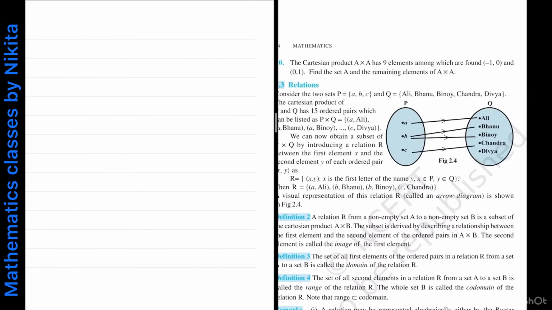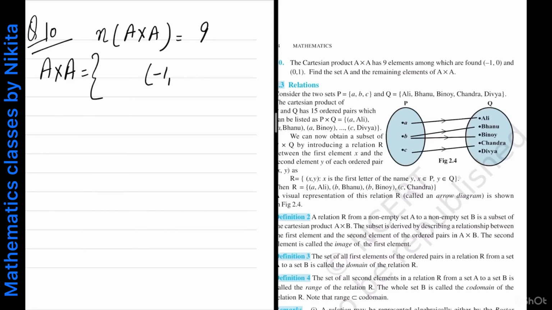Now the last question says the Cartesian product A cross A has 9 elements among which are found to be (-1, 0) and (0, 1). You have to find the set A and the remaining elements of A cross A. So n of A cross A is equal to 9 and so that means A cross A has 9 elements और आपको कोई दो एलिमेंट्स दे रखे हैं, एक आपको दे रखा है (-1, 0) और एक आपको दे रखा है (0, 1) and I don't know the remaining elements.